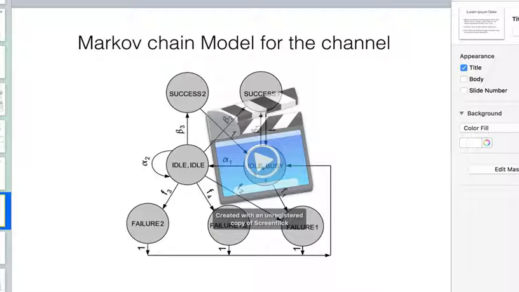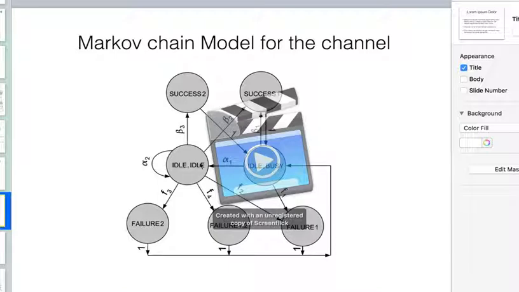And we go from the idle busy state to the success 1 state when a single class 1 node begins transmission in the current backoff slot. And we go from the idle busy state to failure 1 if at least two class 1 nodes begin transmission in the current backoff slot and the collision occurs. Collision for at least two class 1 nodes.